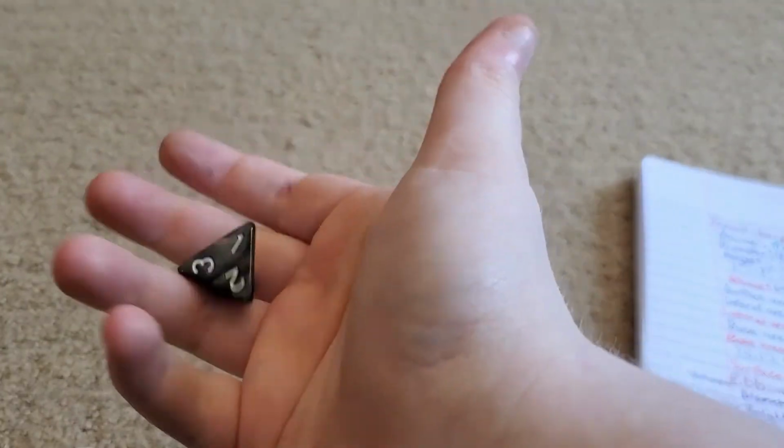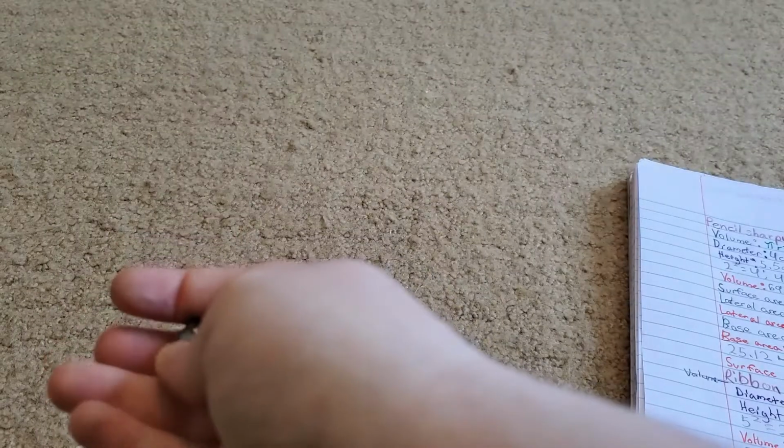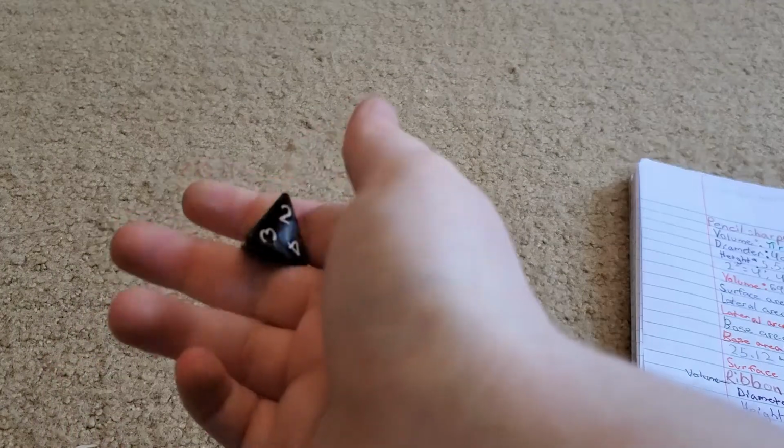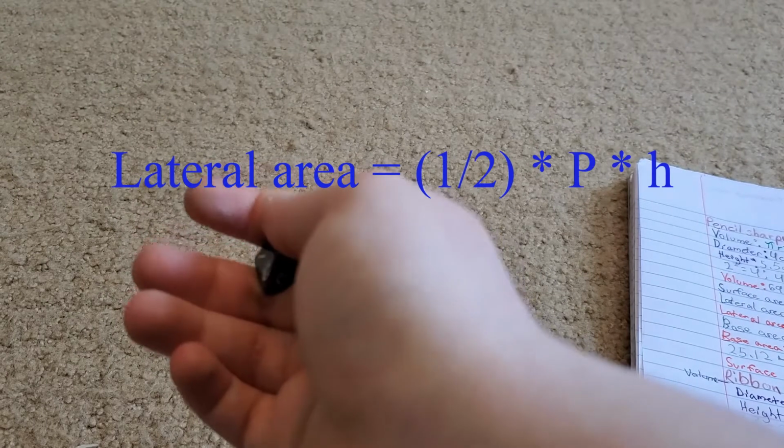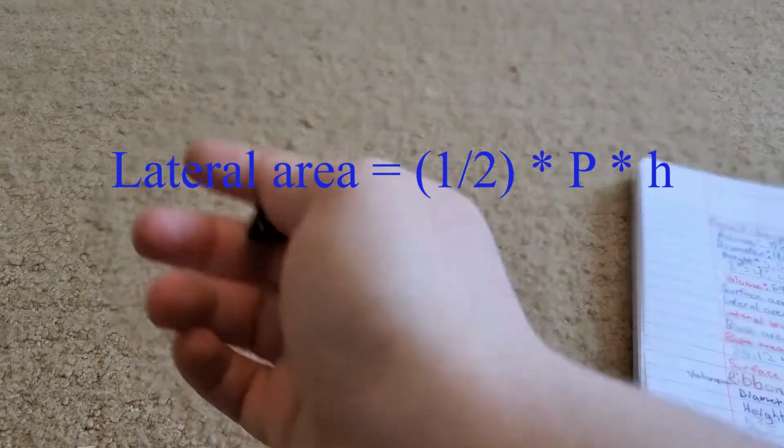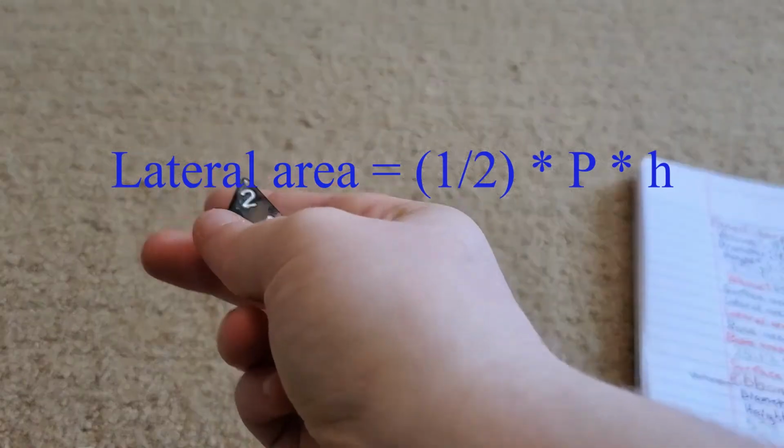So for finding surface area, the lateral area of a pyramid is the perimeter of the base times the height of the pyramid and half of that.